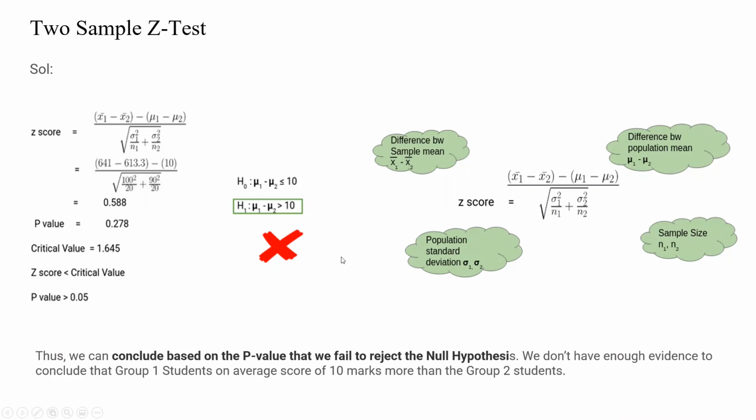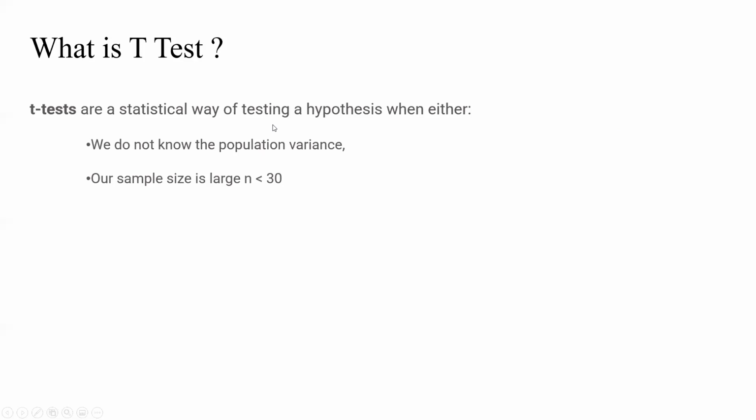Similarly, we have t-tests as well, which are also pretty similar to Z-tests. We'll take a look at them as well. These t-tests are normally performed when we do not know the population variance, which is a key metric for us to calculate the Z-score. If we don't know the population variance, we cannot perform a Z-test.